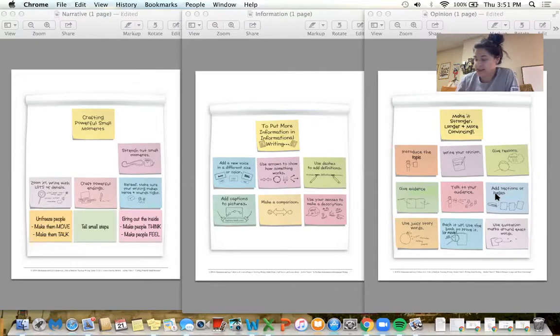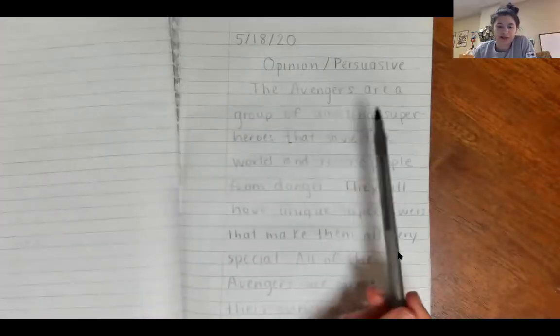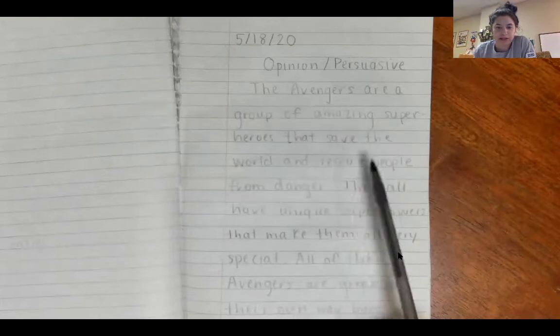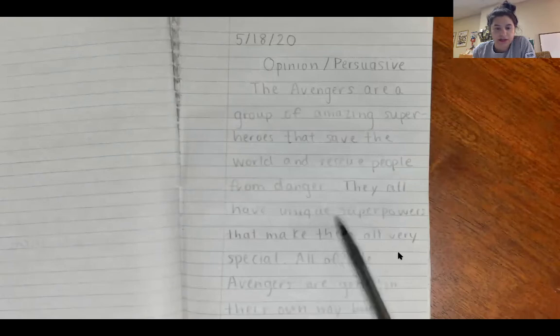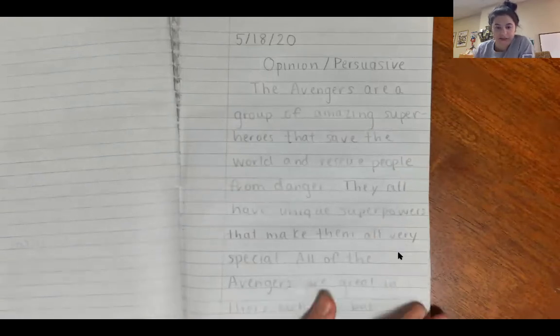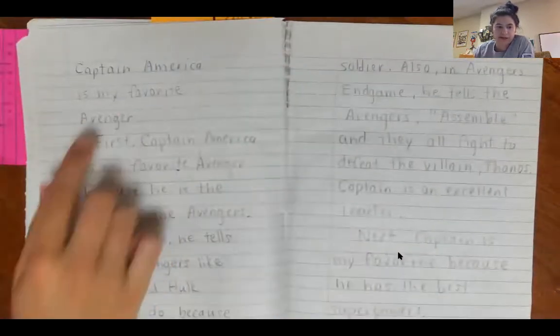So I'm looking at my chart. I'm going back to my piece. I'm going to read you my piece, what I have so far, because I have added to it. Okay, so this is what I have so far. The Avengers are a group of amazing superheroes that save the world and rescue people from danger. They all have unique superpowers that make them all very special. All of the Avengers are great in their own way, but Captain America is my favorite Avenger.